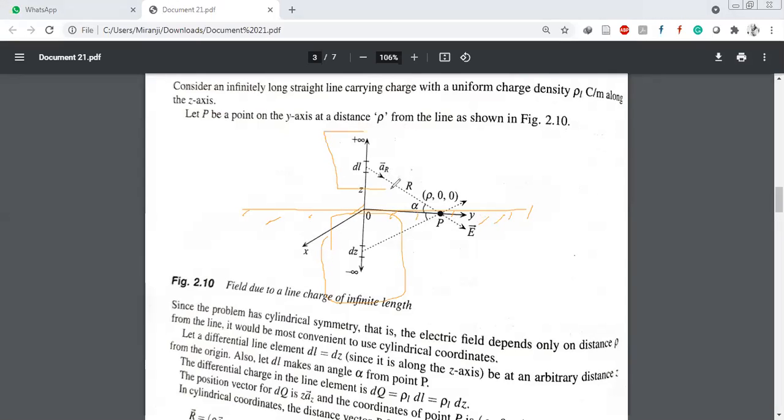In response to this plus infinite direction, the minus infinite direction is the mirror image.